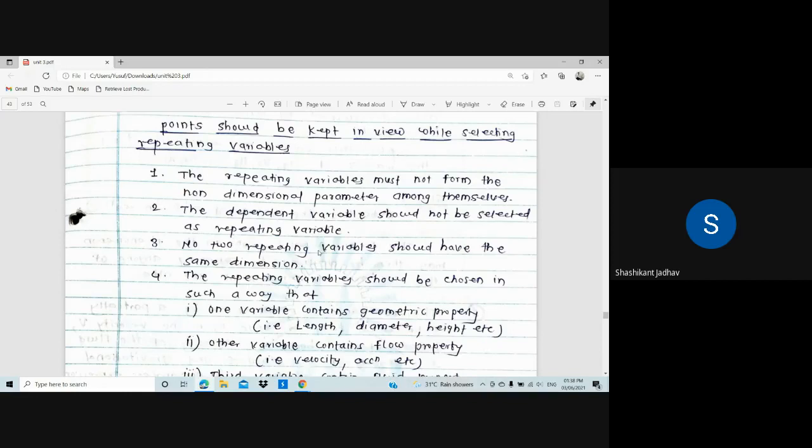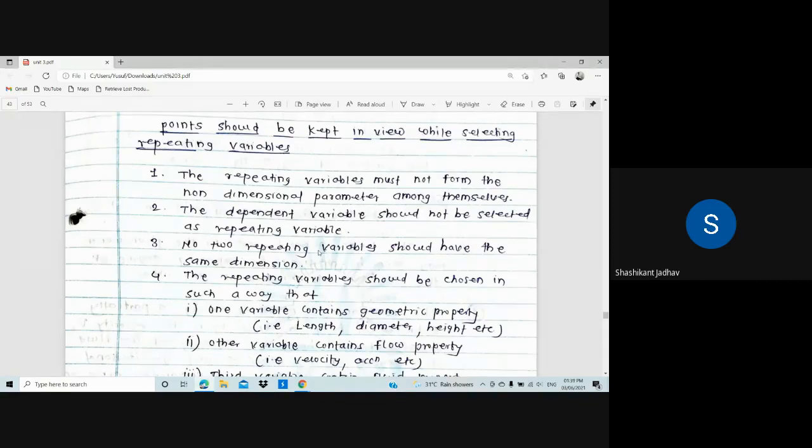So no non-dimensional form should be formed by the repeating variables we select. By using them, there is no formation of a non-dimensional form.